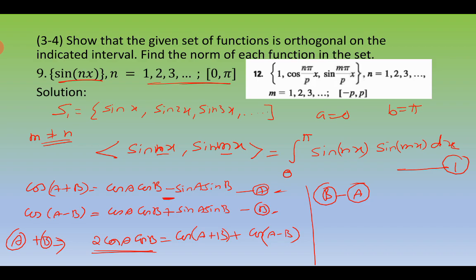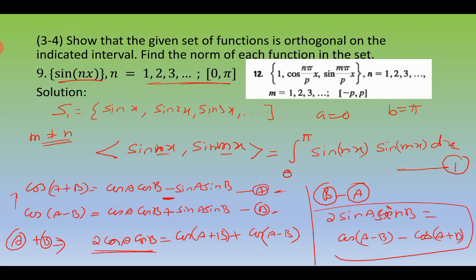You get on the right hand side 2 sine A sine B. On the left hand side you are subtracting, so you will get cosine A minus B minus cosine A plus B, and we want this formula because we have sine A sine B. This 2 will be divided on the right side.